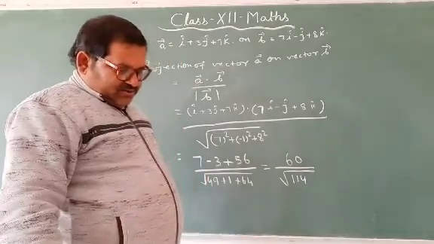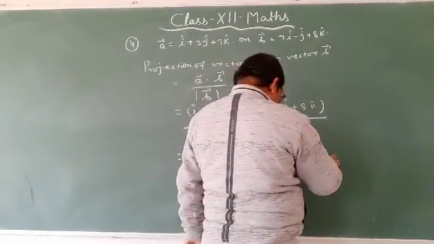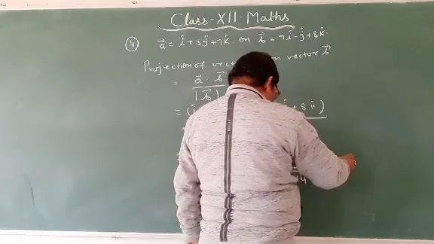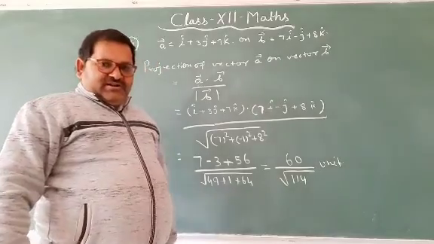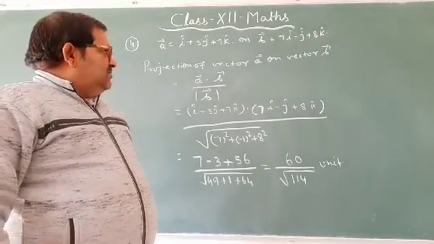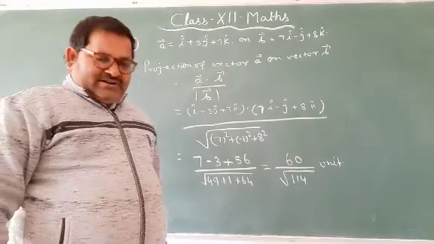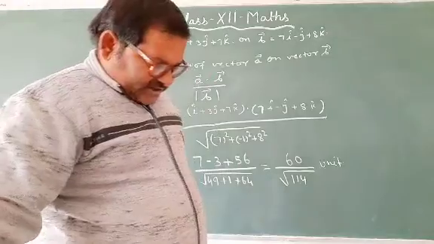So 60 upon root 114 units is the projection of a vector on another vector. The vector A and vector B are given. Clear? Next.